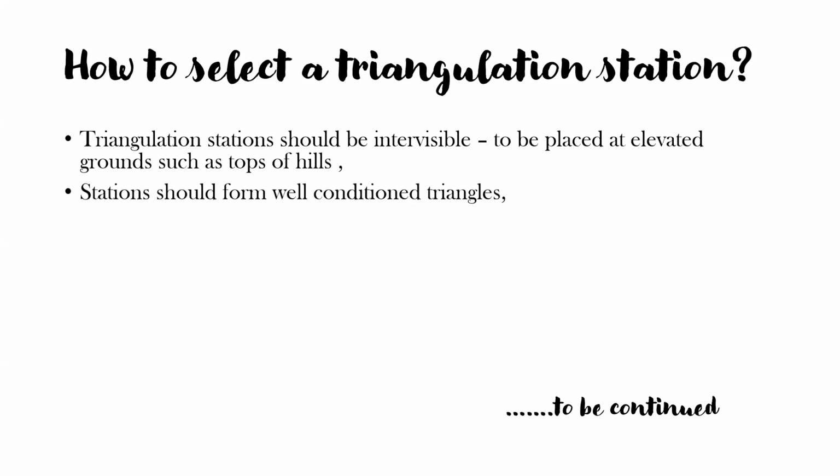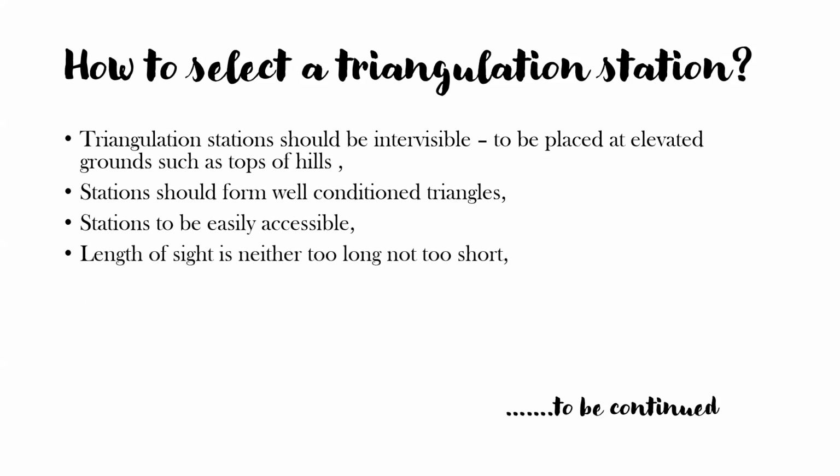They should form well-shaped or well-conditioned triangles. That is, no angle should be less than 30 degrees nor greater than 120 degrees. Preferably, it is advisable to choose an isosceles triangle or an equilateral triangle. The stations should be easily accessible, and supplies of food and water should be easily available, so that a camping ground or the nearest suitable accommodation is available.